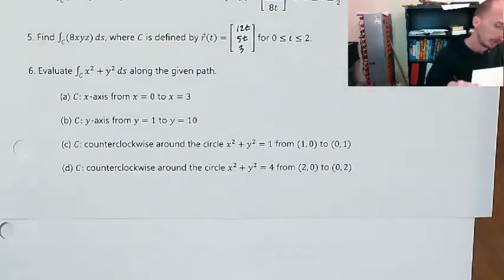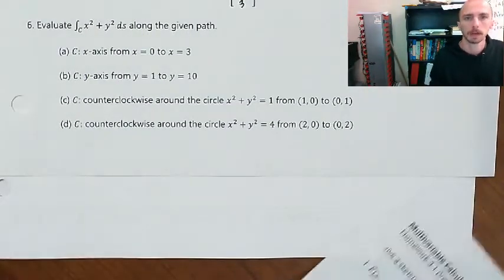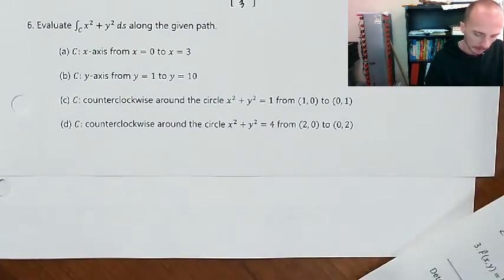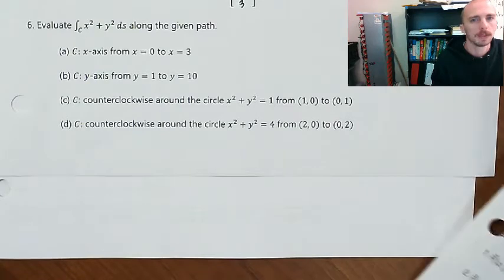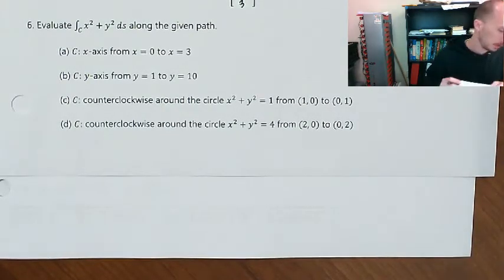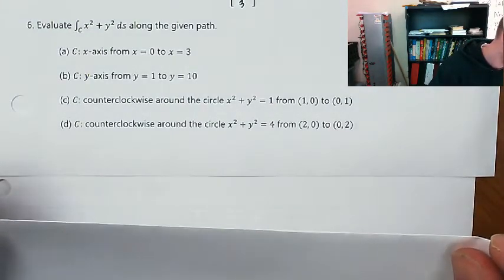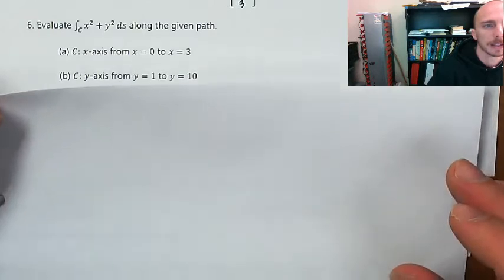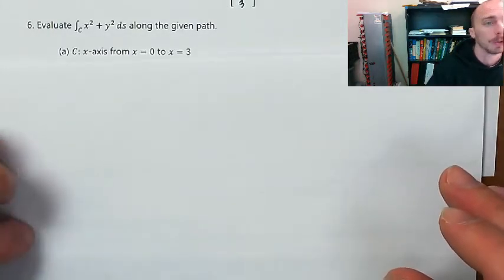Alright, now the last one is we're going to keep evaluating the same path integral just over different paths, and I'm not sure this might be getting at something if they chose a certain type of integral along a certain path. I don't know. Oh, no, never mind, that's something different that we're going to see soon.